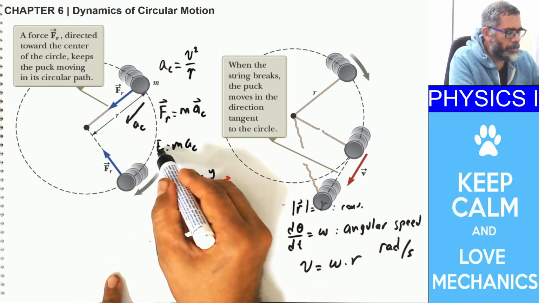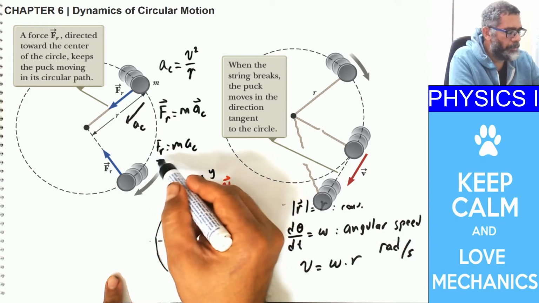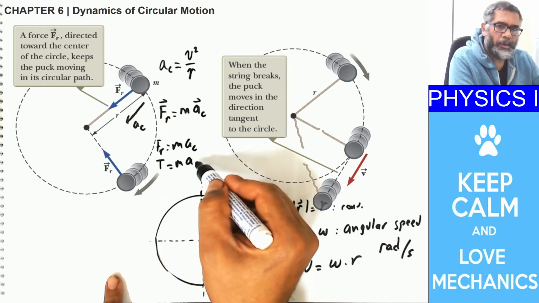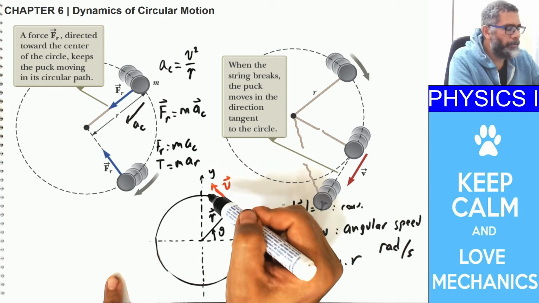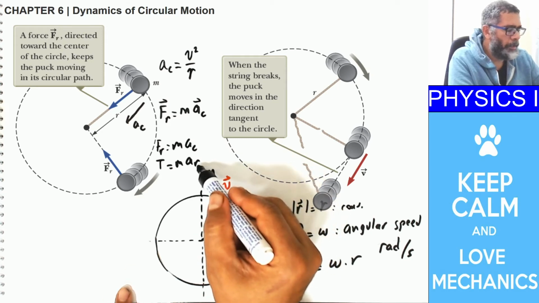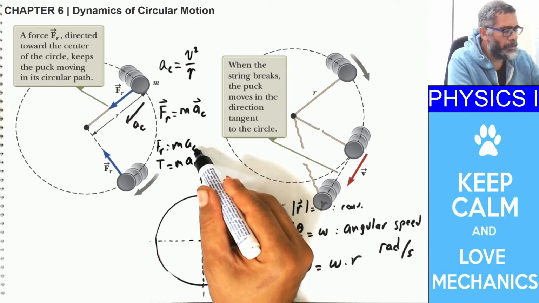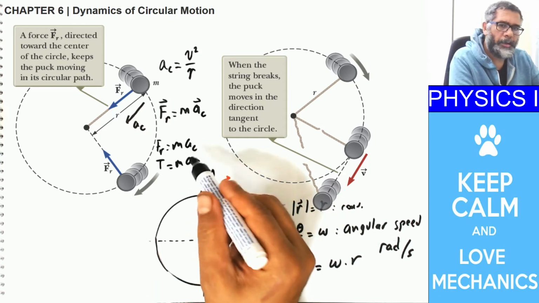You will see that this F is just replaced by T, for the tension of the string, and m times a. In some textbooks, a is typed as A_r, r being the radial direction, or in our book, it's written as A centripetal, A_C. They are both referring to the same thing anyway.